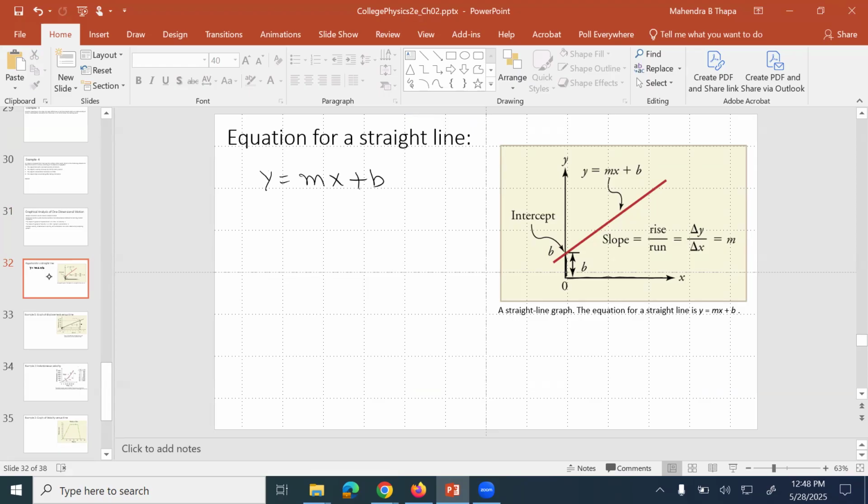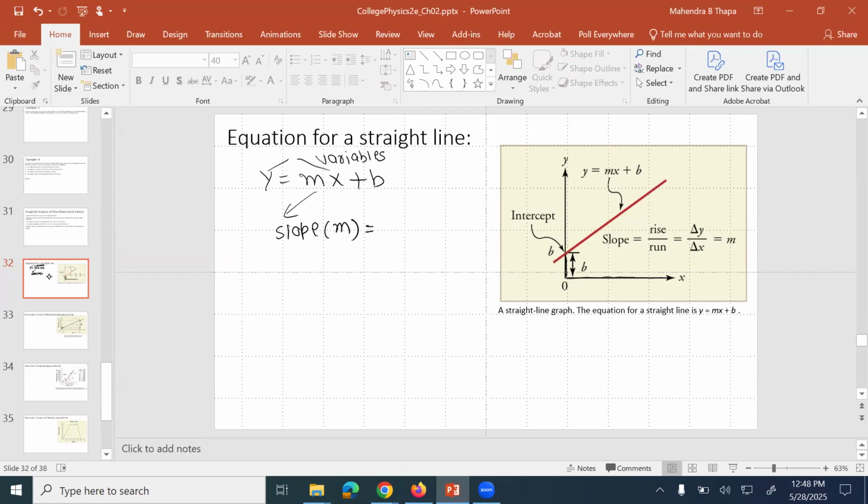Here y and x are the variables. This m is the slope. This can be found by rise over run.